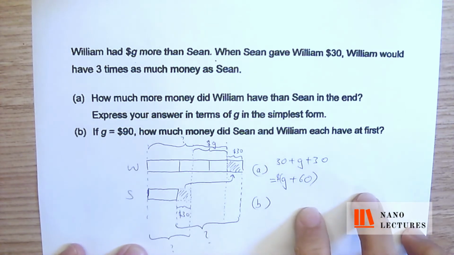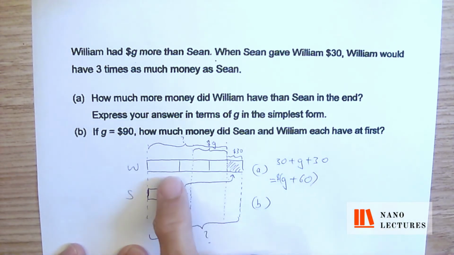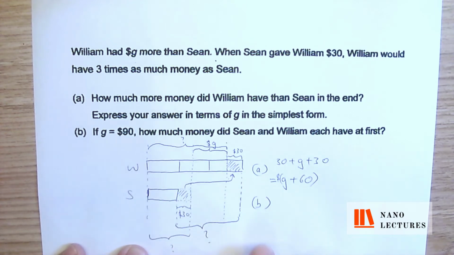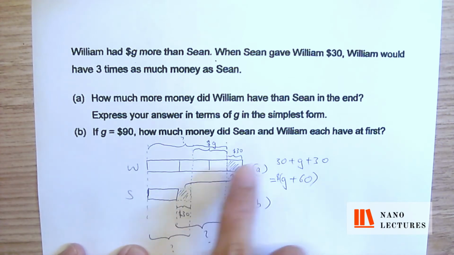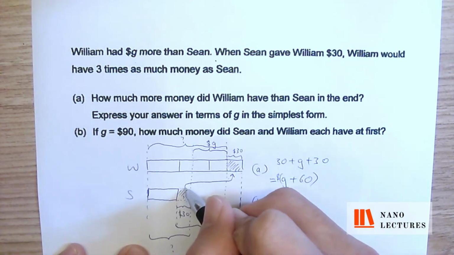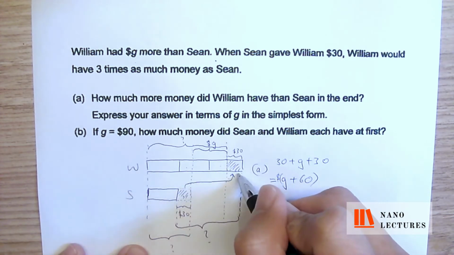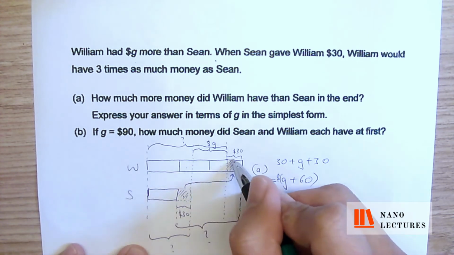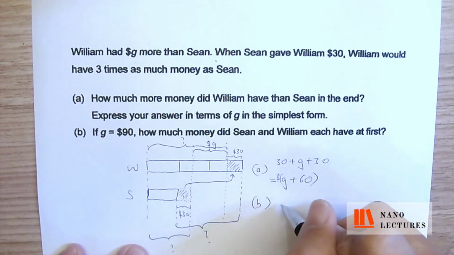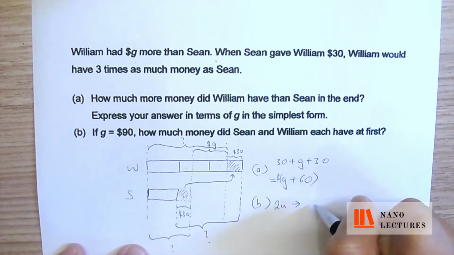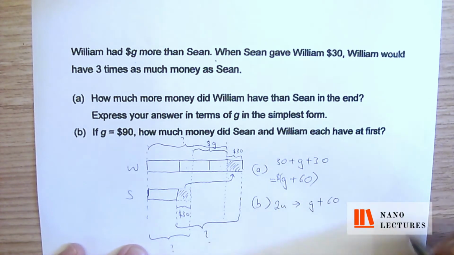So now you need to find out the value of each unit. Now just now, G plus 60 is actually the equivalent of 2 units. If you move this one up over here, and this is G and this is 30, the entire thing is actually 1 unit, 2 units. So we can tell that 2 units is G plus 60.